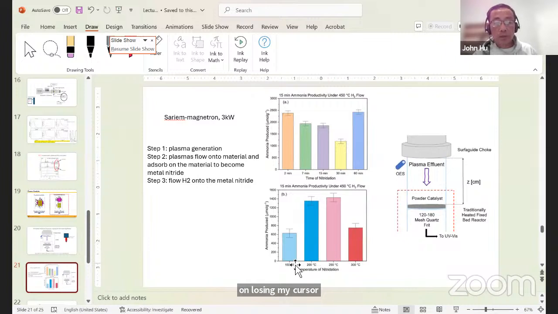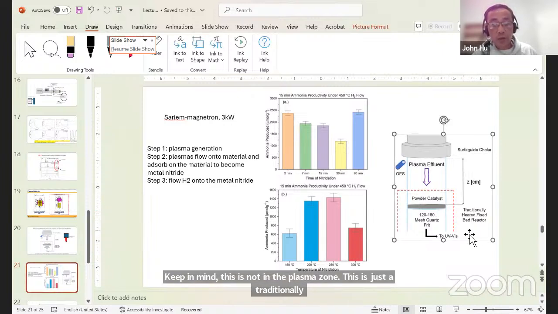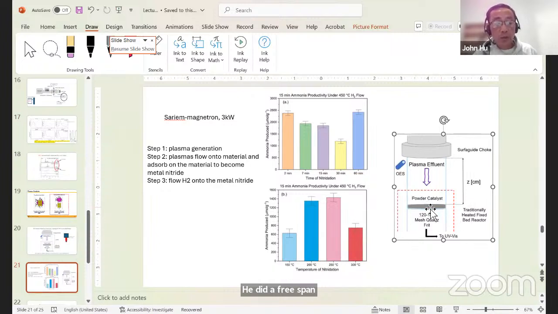So the specifics tell you we can maintain this at a very low temperature. So this is really energy efficient. Keep in mind, this is not in the plasma zone. This is just a traditionally heated fixed bed reactor. See the wording here? The lower the temperature, the lower the energy you spend.